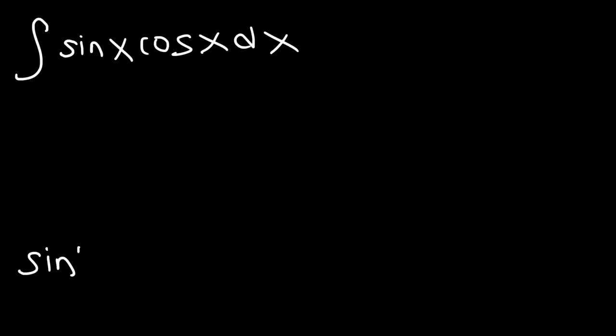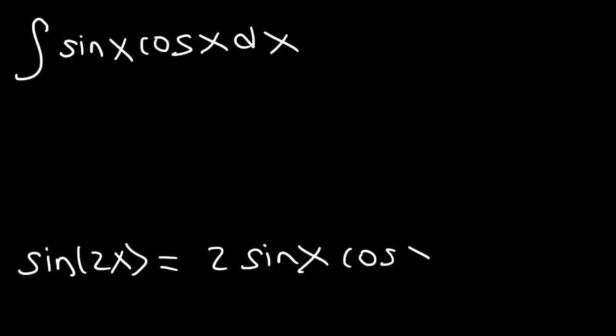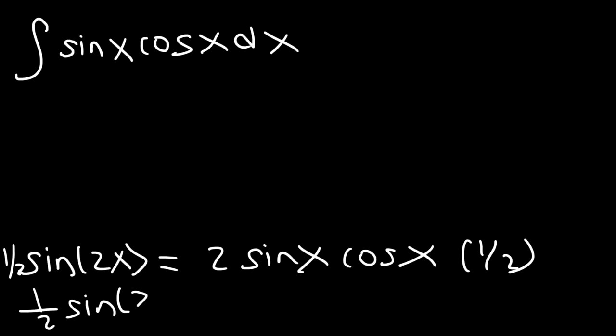Now let's focus on the third method of getting this answer. It has to do with the double angle formula of sine 2x. Now sine 2x is equal to 2 sine x cosine x. So if we multiply both sides by 1/2, we're going to have 1/2 sine 2x on the left side, and on the right side, 2 times 1/2 is 1.